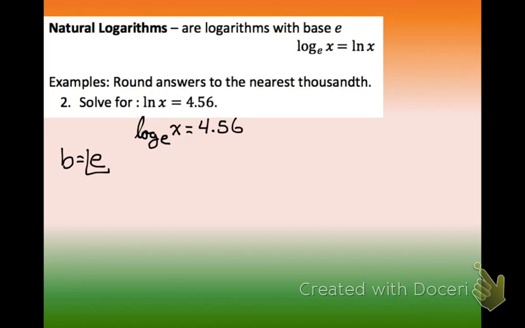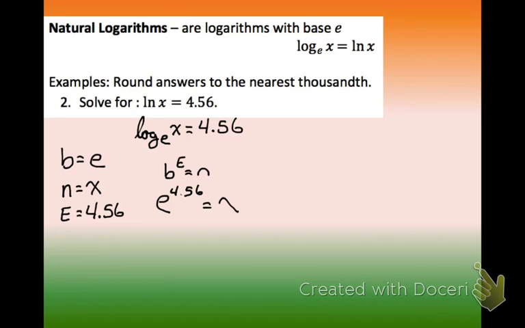And this is the reason that I've been using a capital E, by the way. My number is going to be x, that's what we're looking for, and my exponent, the capital E, is 4.56. So when I switch this to exponential form, we're plugging it into b to the exponent equals n. I will end up with e to the 4.56 equals x.